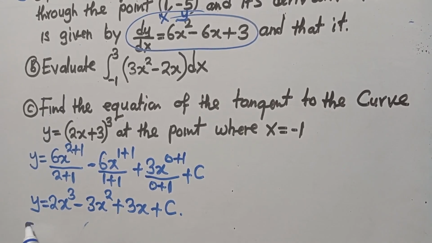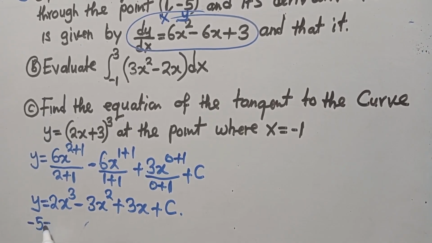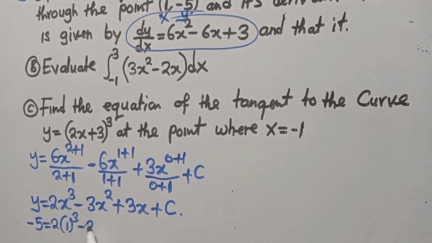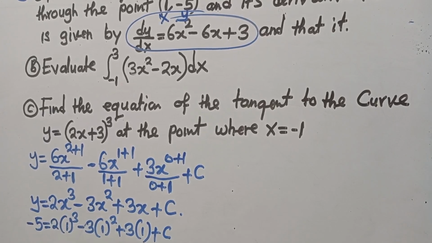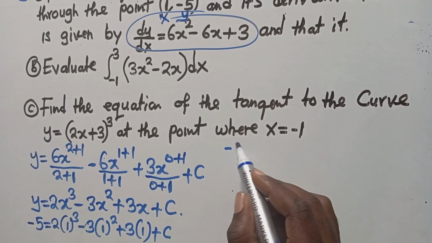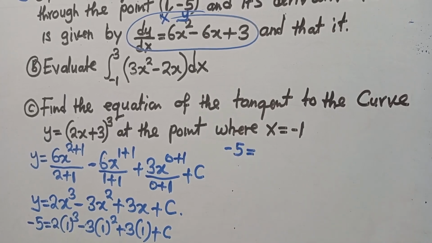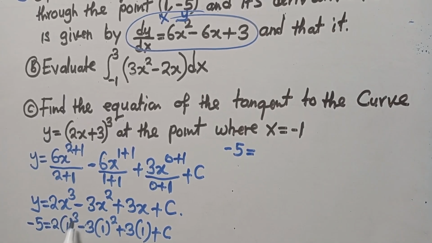So I'm going to say -5 is equal to, where there is x, I put 1. So 2(1)³ minus 3(1)² plus 3(1), like this. Plus c. So it is at this point where I'm going to say negative 5 is equal to, what? 1 cubed is 1.